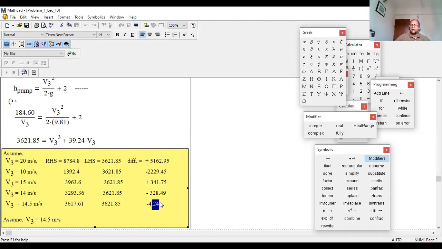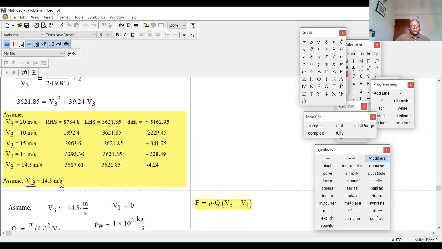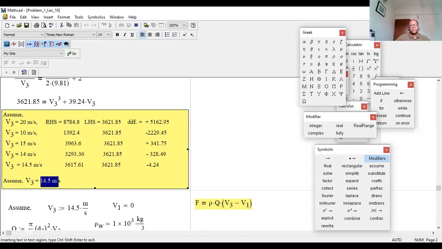So I just keep it over here. But again, you can increase. You can say 14.6, then see what values are coming. So numerically, this is the application of numerical analysis. Even if you solve with a scientific calculator, inside the calculator, the program does the same thing. So finally I got V3 14.5.